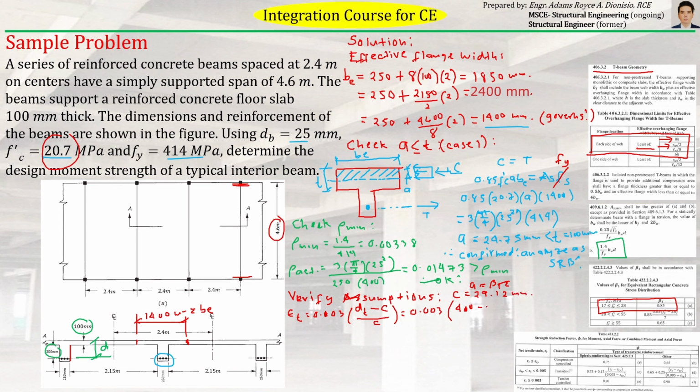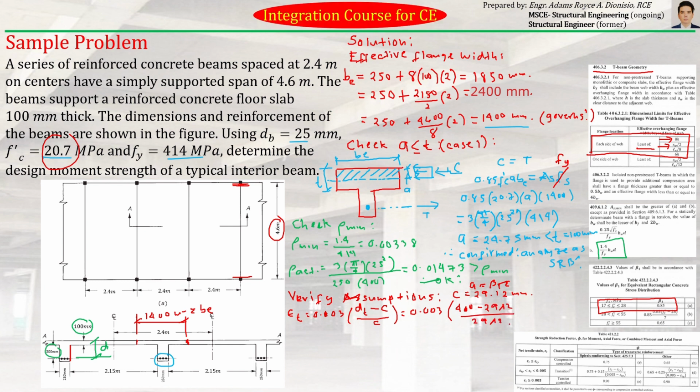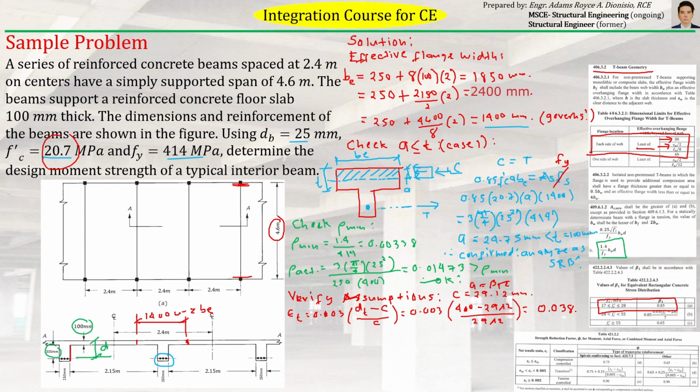Okay. So, substitute na lang natin dito, 29.12 over 29.12. So, what will be the tensile strain. 0.003 times 400 minus 29.12 over 29.12. Tensile strain will be 0.03821.